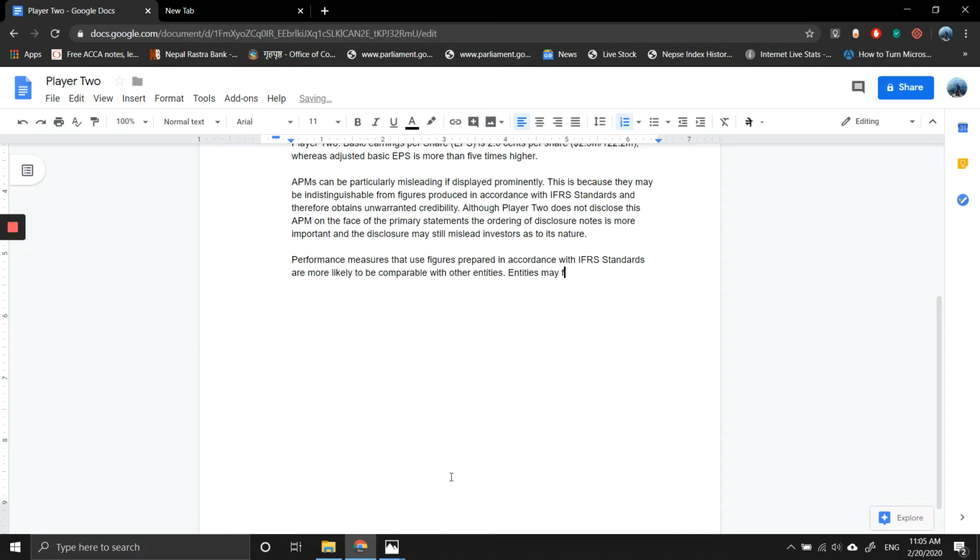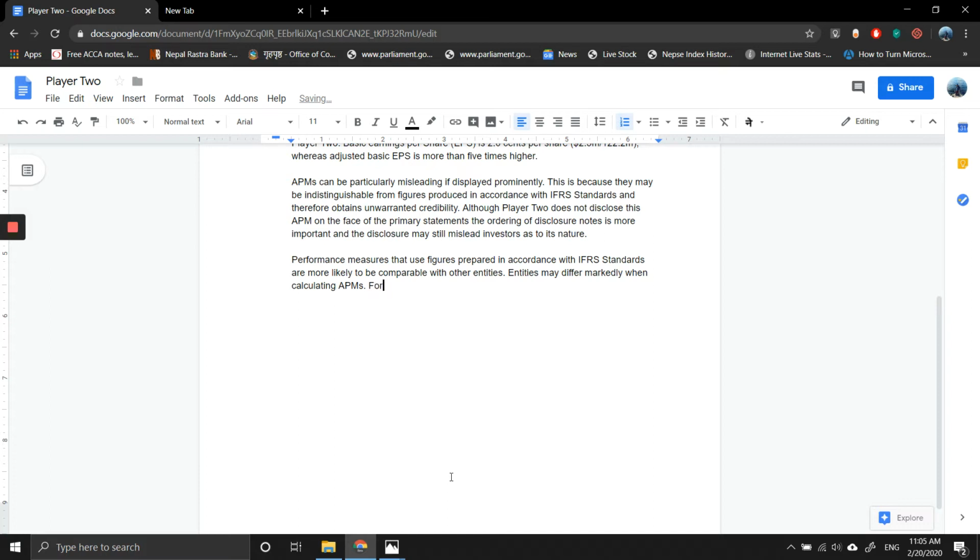Entities may differ markedly in calculating APMs.